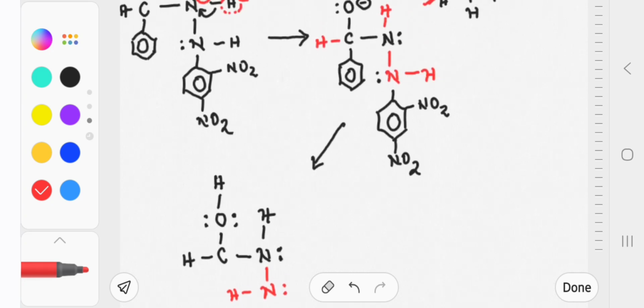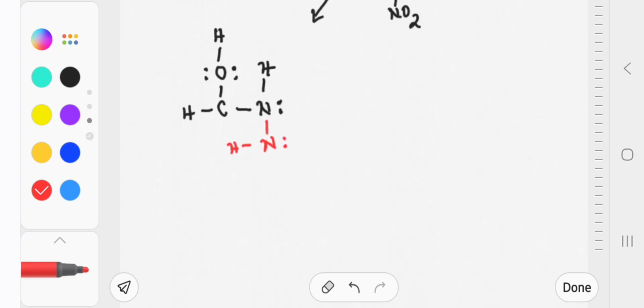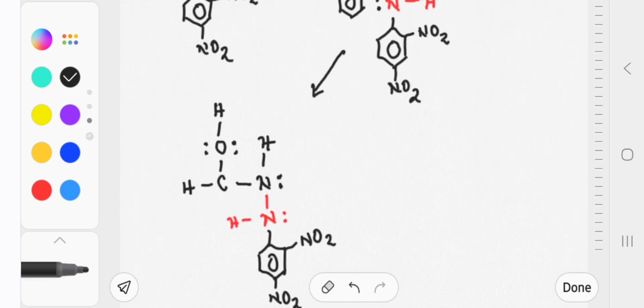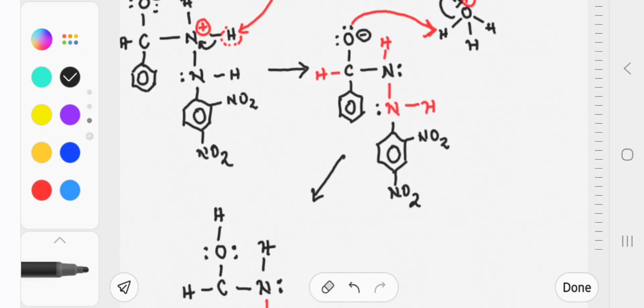Then another one to the ring, which we've drawn previously. So I have NO2, then I have NO2. Can you see? So this is essentially what we are having.